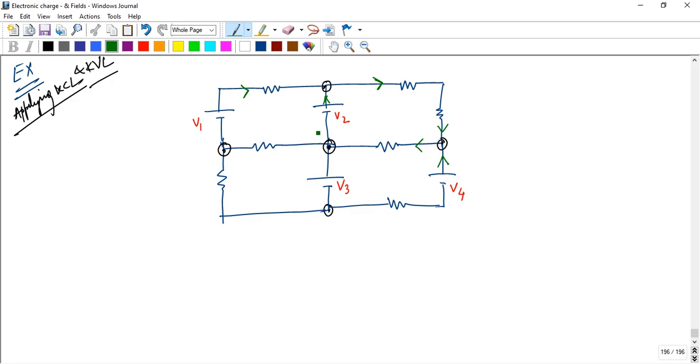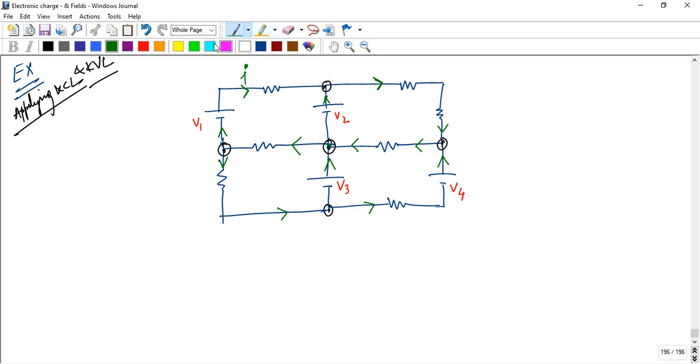So at the junction point, put that here in that direction. Okay. Now suppose there is a current I.